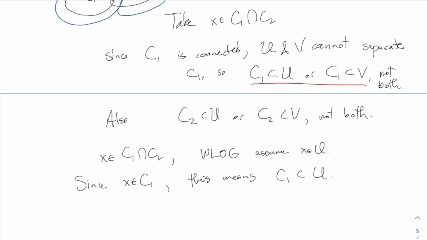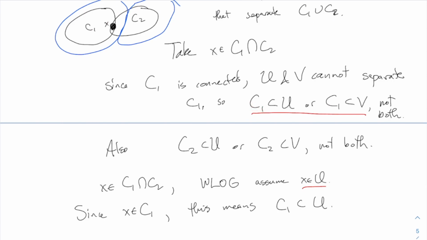And one of its points, X, is in U, right? That actually means that all of C1 has to be in U. It can't be in V because X is in U and X is part of C1. We know all the points from C1 are either in U or V, but this one is in U, which means that all the other ones have to be in U because it's one or the other, but not both. So since X is in C1, this means C1 is in U.